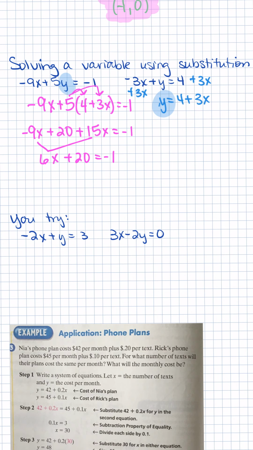Let's go ahead and get rid of the 20. Oops, not add, we're going to subtract 20 from both sides. So then we have 6x equals negative 21.